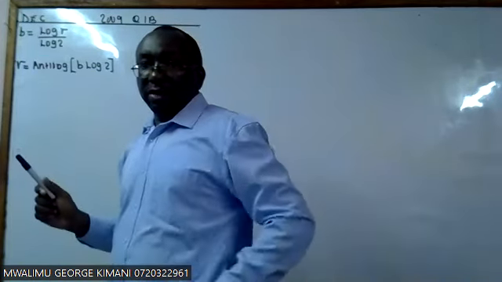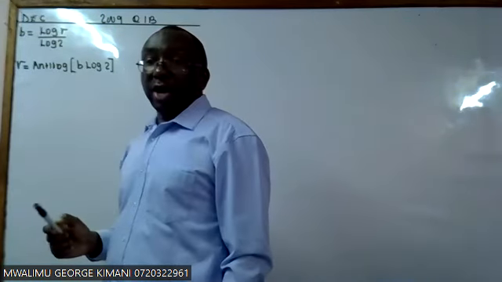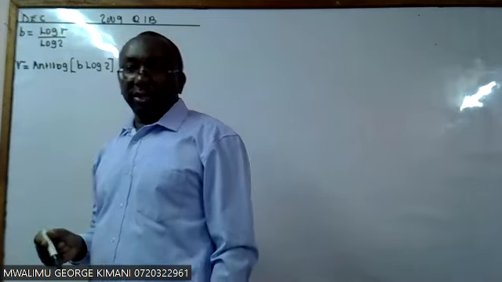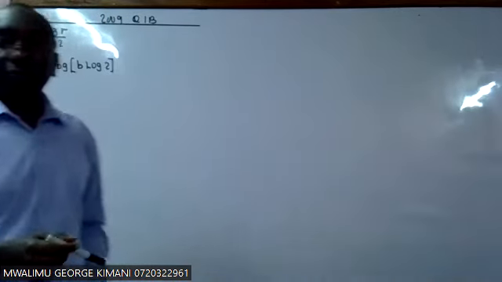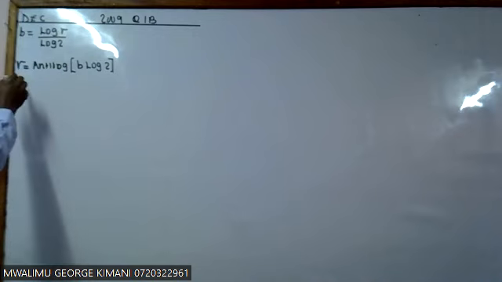As I told you in the previous lesson, if you have two unknowns, you cannot solve one equation unless you have two simultaneous equations. So this one cannot work.